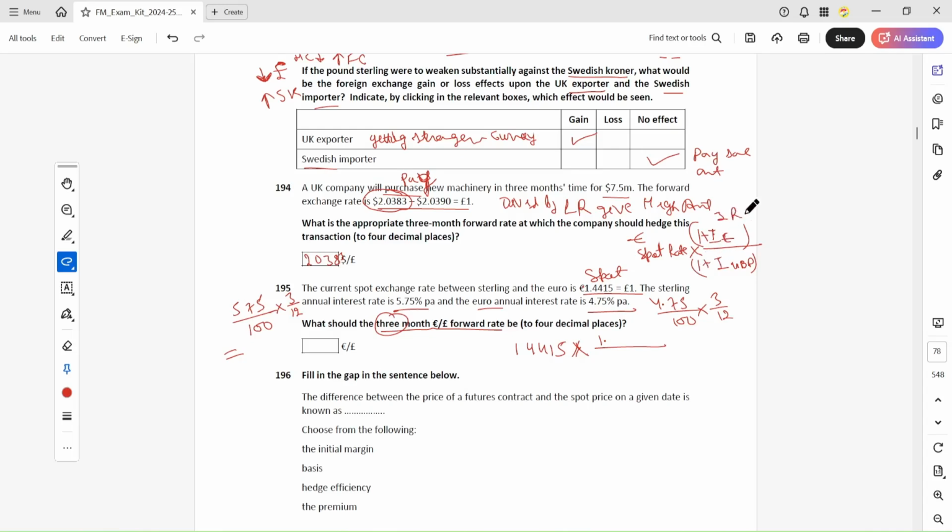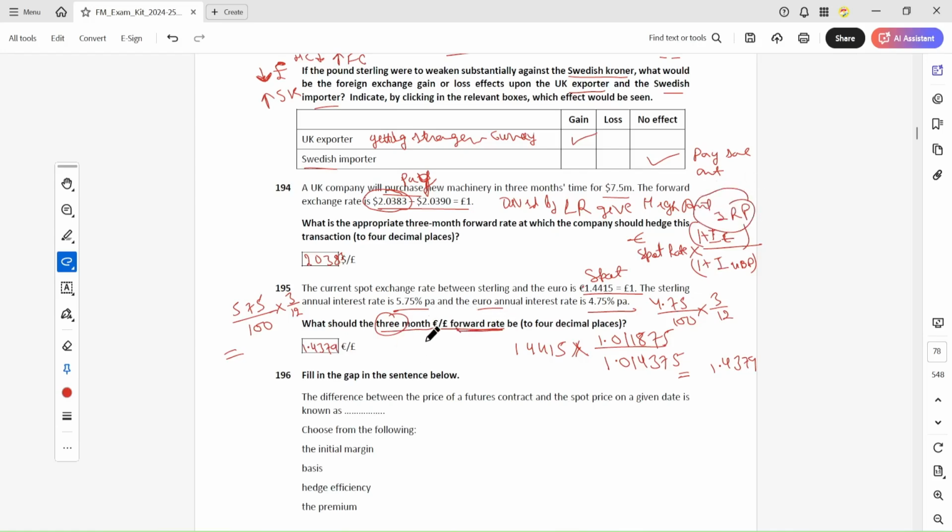Interest rate parity. So 1.1875, 1.4375, 1.4379. This is the forward rate after considering the interest rate parity theory.